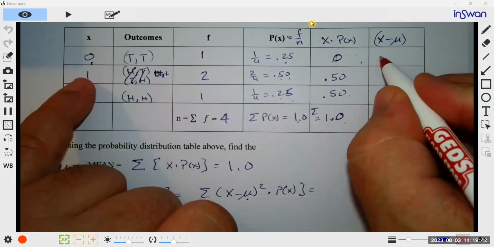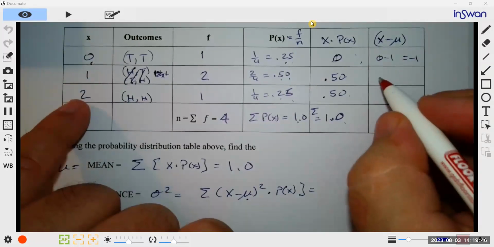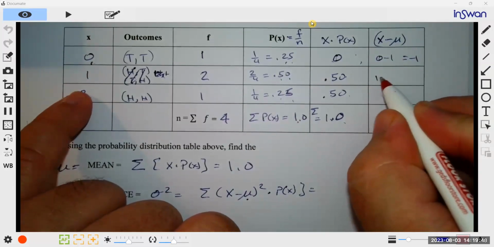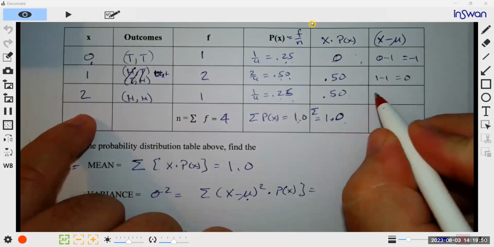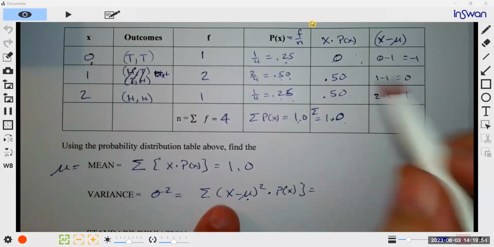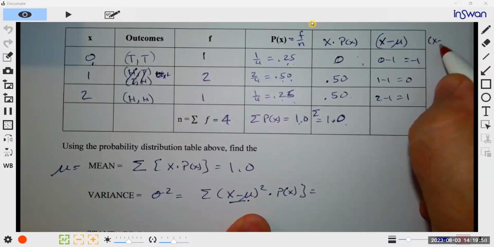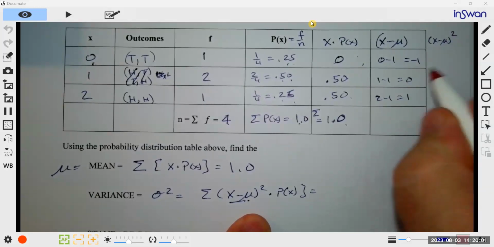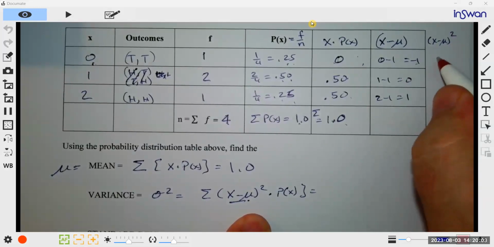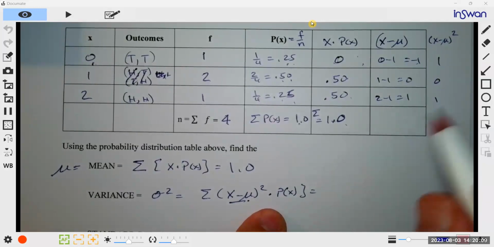So 0 minus 1 equals -1. 1 minus 1 equals 0. 2 minus 1 equals 1. We now have to square that to get rid of the negatives. So -1 squared is 1, 0, 1. Now we have to multiply times p of x.